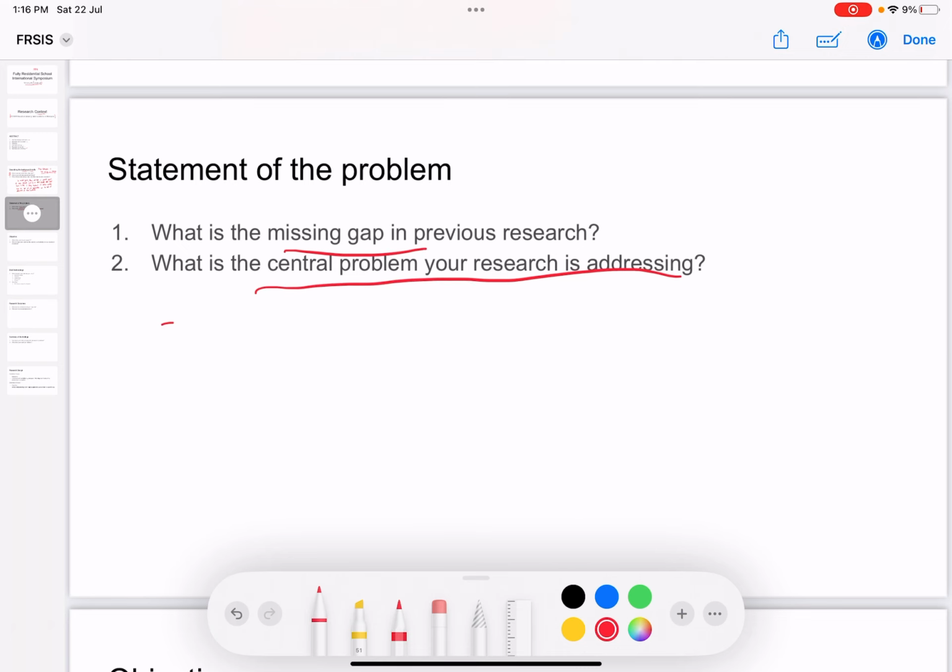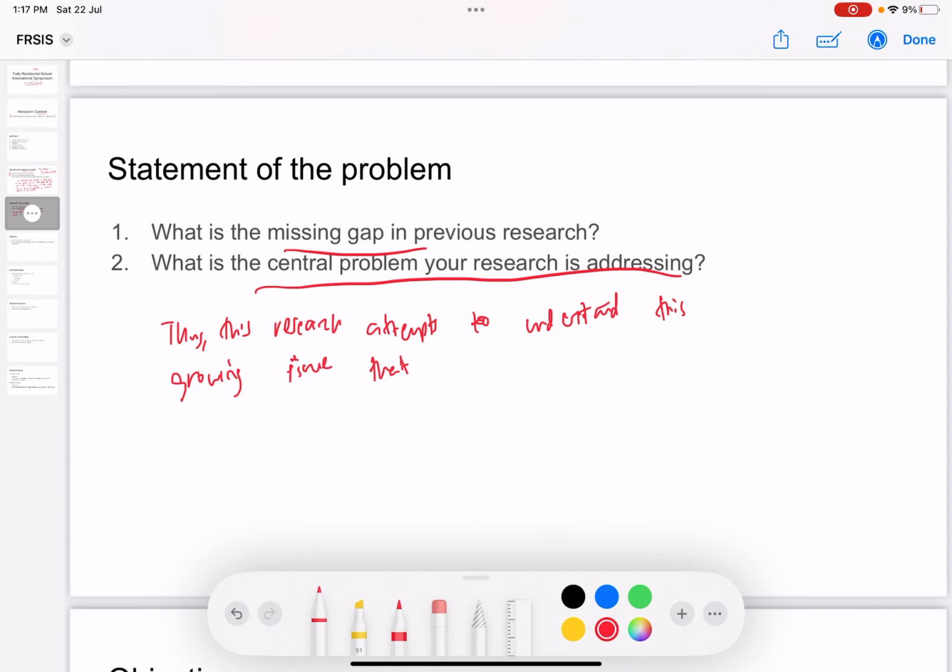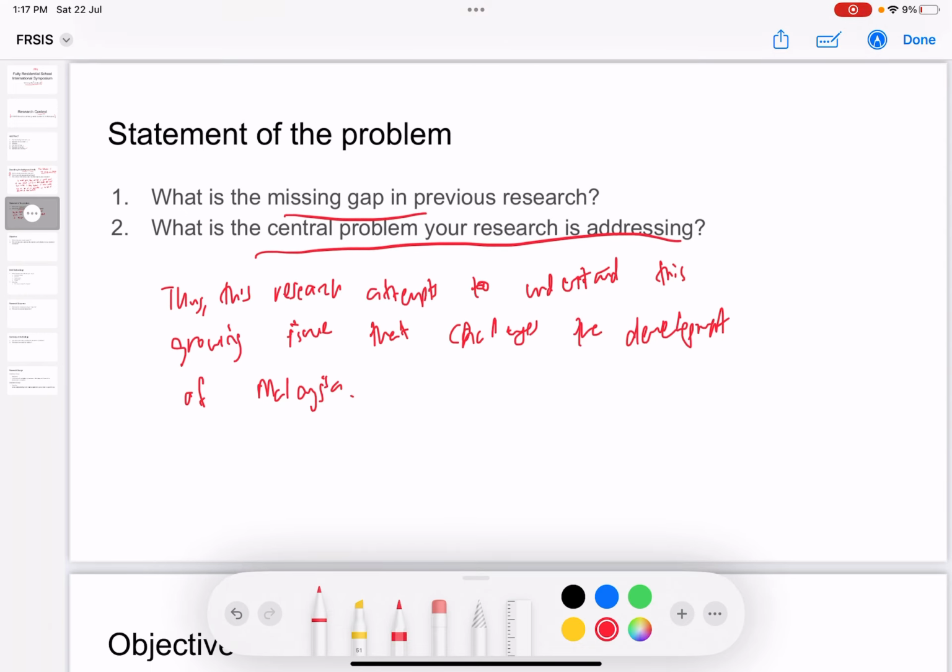Okay, so thus this research attempts to understand this growing issue that challenges the development of, okay, my handwriting is so bad, but again, I'm just trying to make this as fast as I can, and I just want you to see how you're going to write this.